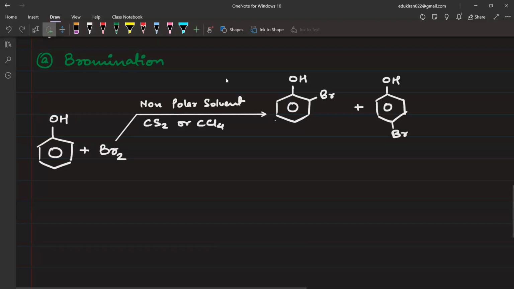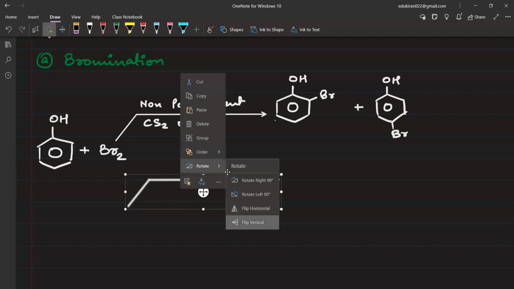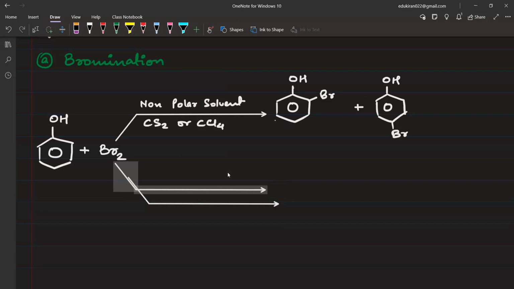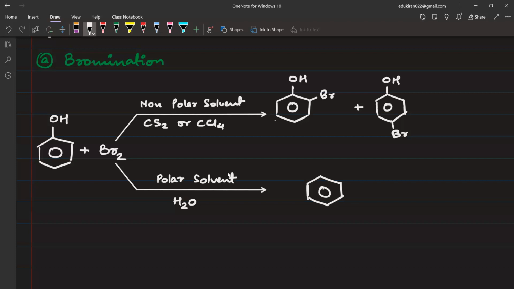Now, another is a simple one, that is the usage of water. So if we are going to use polar solvent, for example, water, then in this case, we are going to get tri-substituted phenol. So there will be phenol, and Br will attach on all the ortho and para positions.